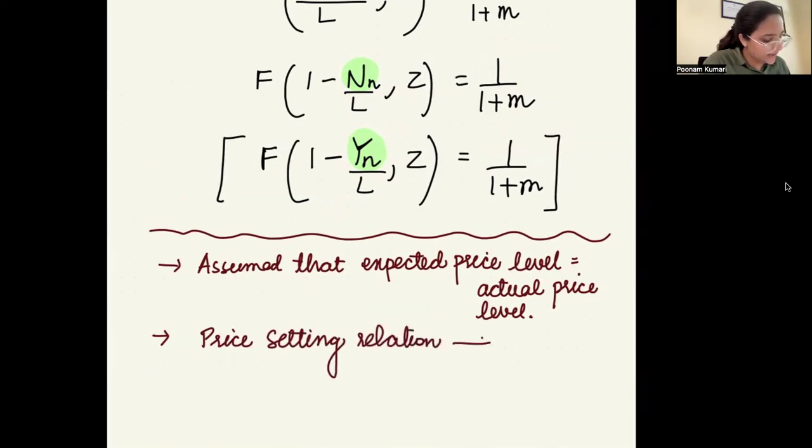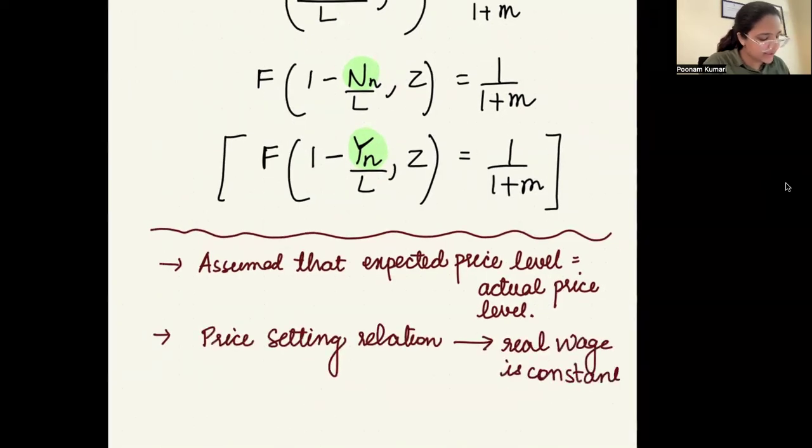Secondly, if you look at the price setting relationship, we saw that the real wage that we get from there is constant, because we used to get W by P is equals to 1 upon 1 plus M. So W by P was constant here, because 1 upon 1 plus M is independent of the employment, unemployment, whatever.